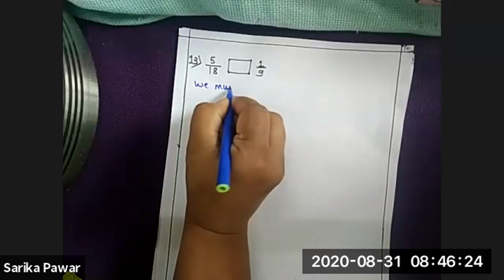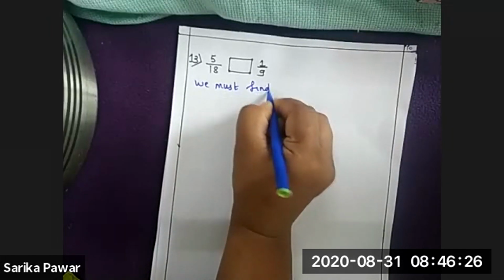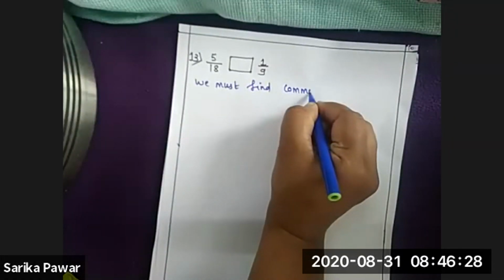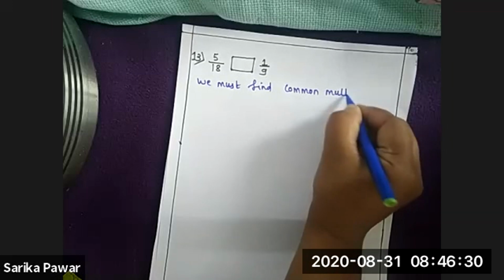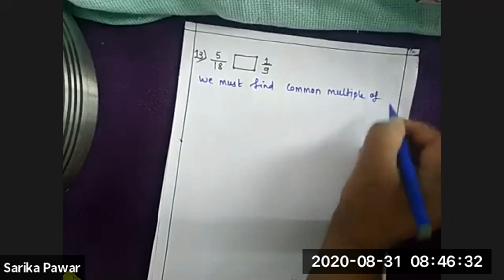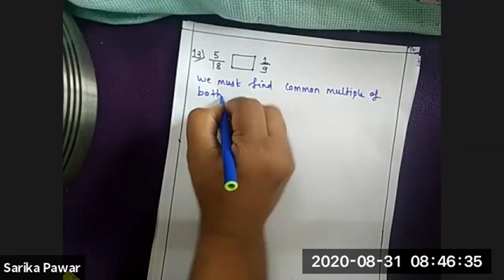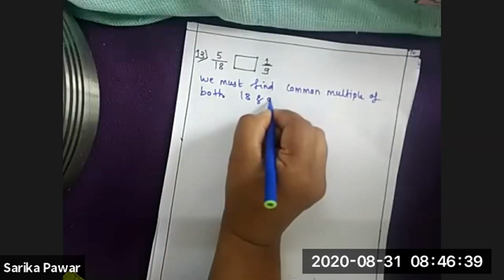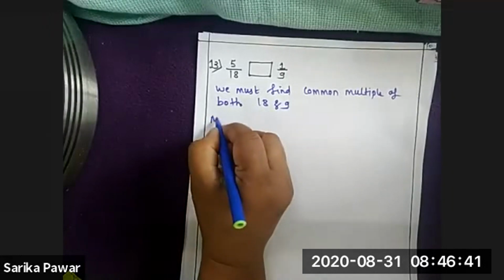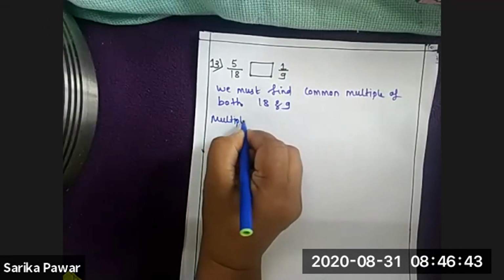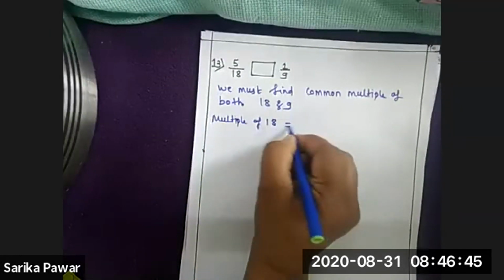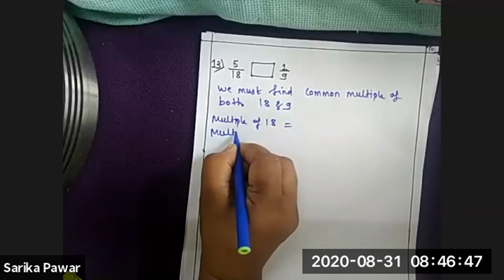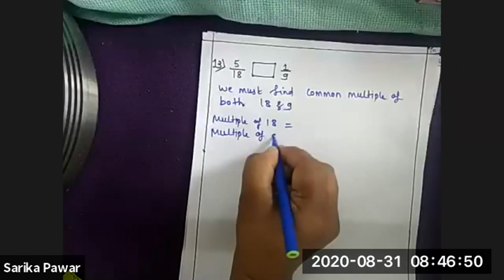We must find a common multiple of both the numbers, that is 18 and 9. Now what do we have to do? Multiples of 18 and then multiples of 9, right?